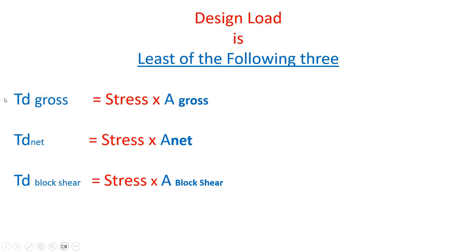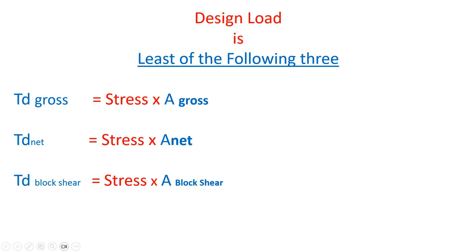And the least among these, for example, if you get 50 MPa for the gross cross sectional area, 40 MPa for the net cross sectional area, and 35 MPa for block shear, definitely you have to take into account that the strength of the connection, or the design strength of the plate, is nothing but 35 MPa.